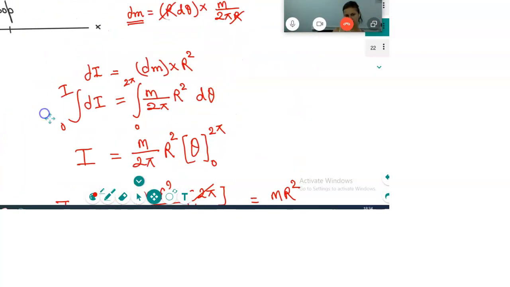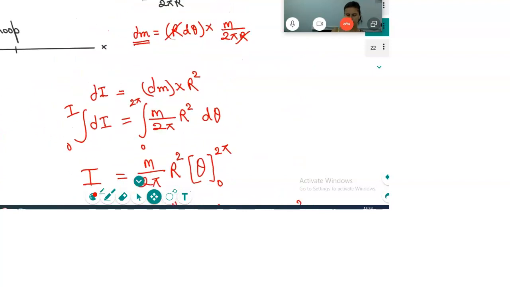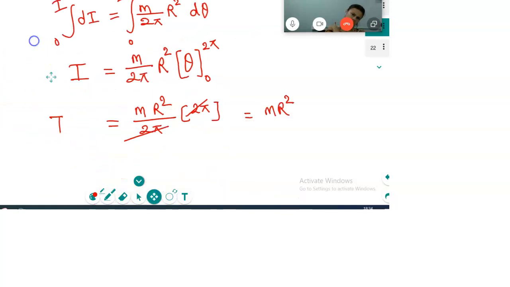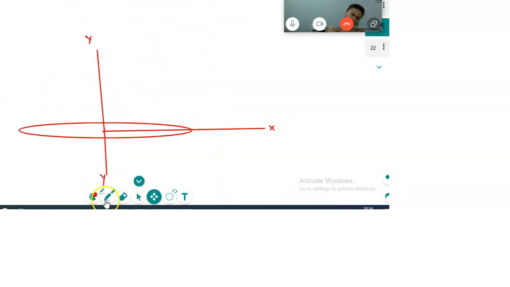First, what small piece will we take? We will divide this disc into a number of hoops. Hoops means, see here, my disc, I am opening one hoop. See, one hoop is open. Like this, there are so many hoops. Is it clear?